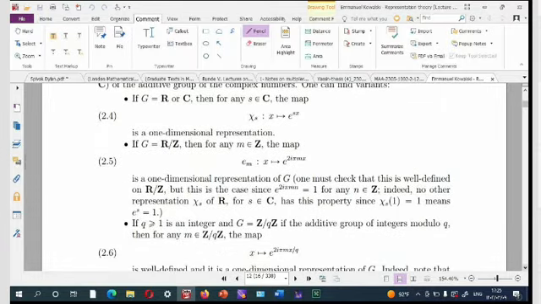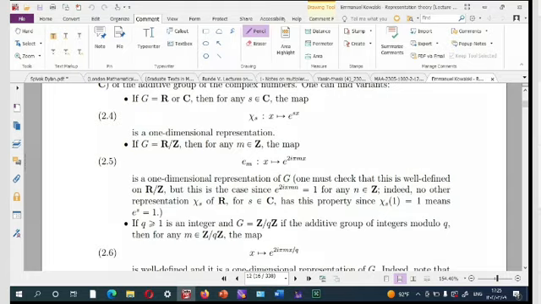Let q be greater than or equal to 1, and q is an integer, so q must be equal to 1, 2, 3, 4, up to n, and G be this quotient space, the addition group of integers modulo q.